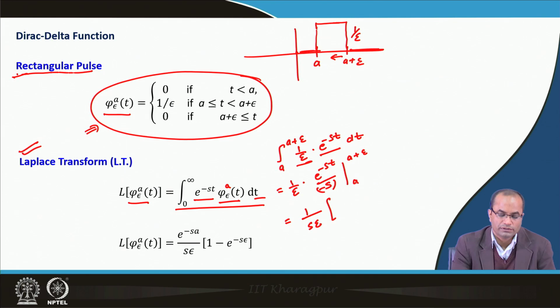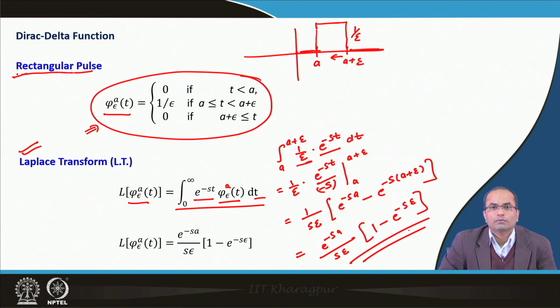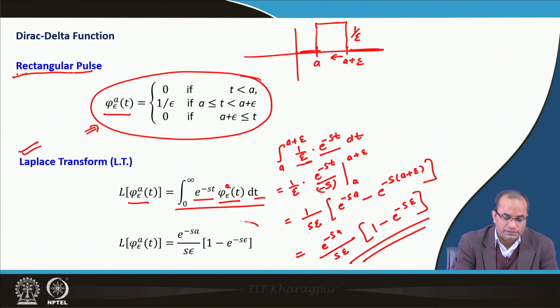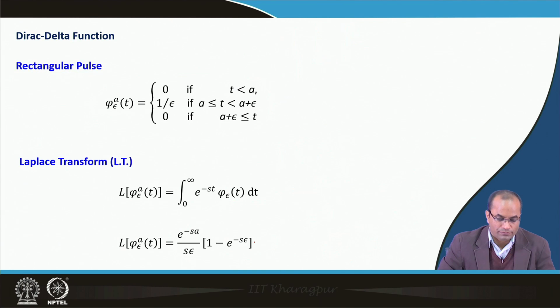First we put the limit a, so e power minus s a, and then minus e power minus s times a plus epsilon. So, e power minus s a is common over s epsilon, and then we have 1 minus e power minus s epsilon. So, this is the Laplace transform of the rectangular pulse function: e power minus s a over s epsilon, times 1 minus e power minus s epsilon.